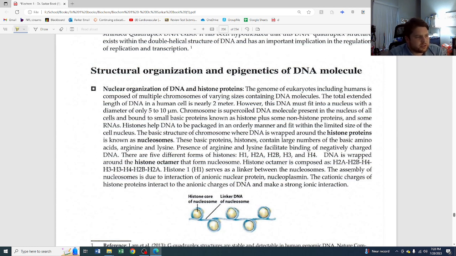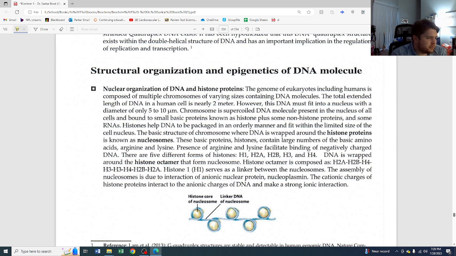The chromosome is supercoiled DNA molecules present in the nucleus of all cells and bound to small basic proteins known as histones, plus some non-histone proteins and some RNAs. So histones are proteins that help DNA to be packed in an orderly manner and fit within the limited size of the cell nucleus.